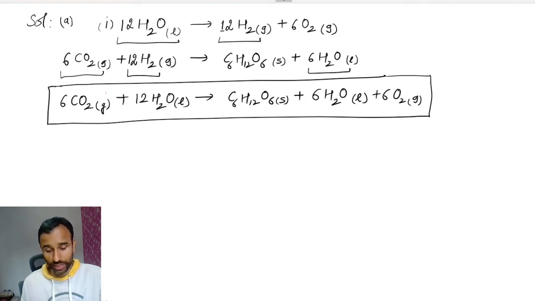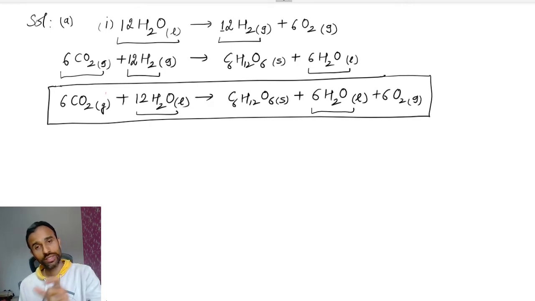So it is better to write 12 H2O on the reactant side and 6 H2O liquid on the right side, because 12 H2O liquid are consumed to produce 1 mole of glucose.